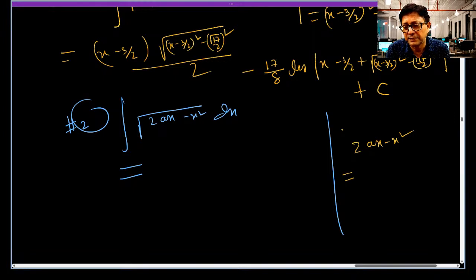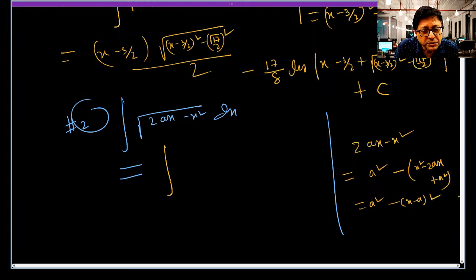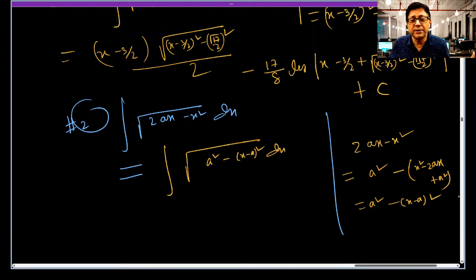This you can write, and add a square over there, add a square here also, isn't it? So this is what? Under root a square minus x square form.